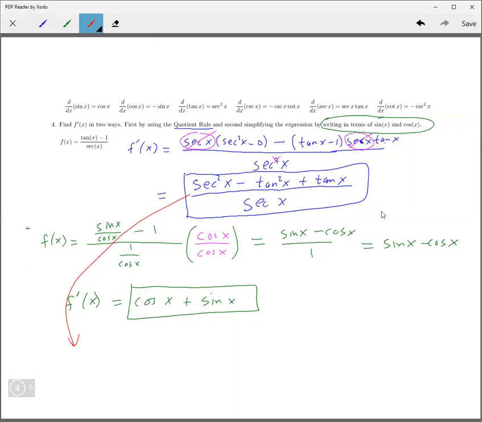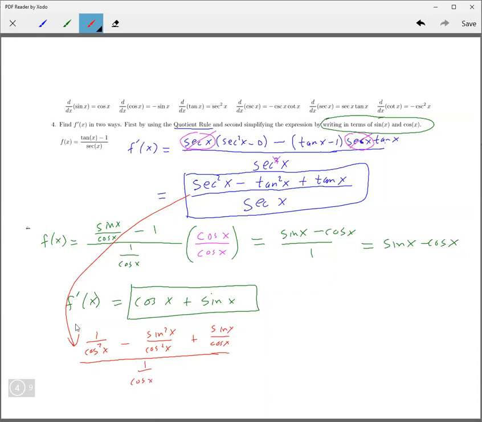So I guess that we can rewrite all these in terms of sines and cosines. This is 1 over cosine squared x minus sine squared x over cosine squared x plus sine x over cosine x. And then secant is 1 over cosine x.